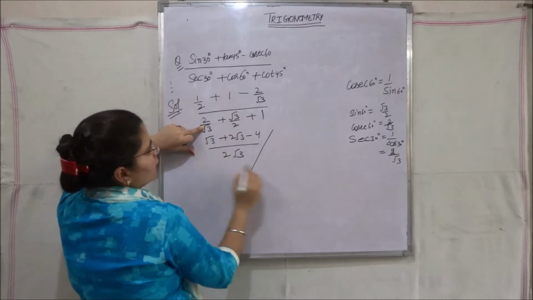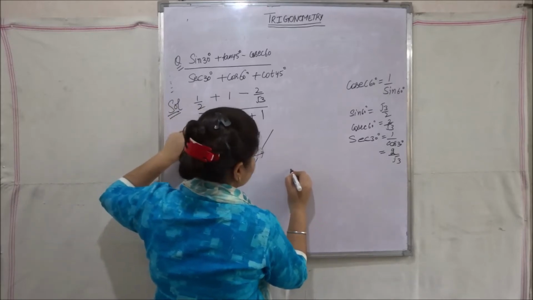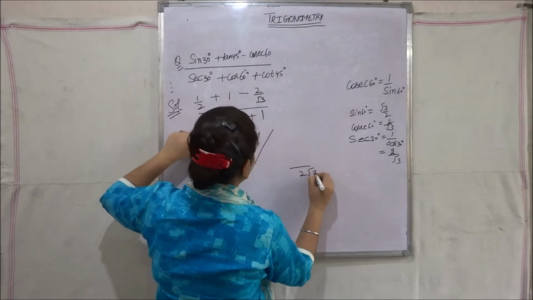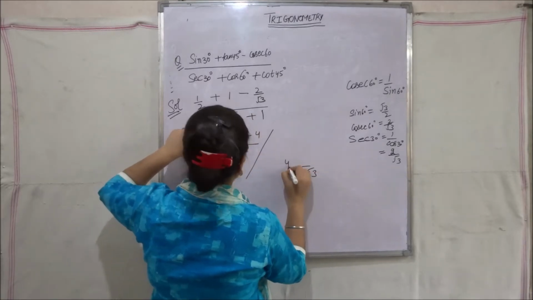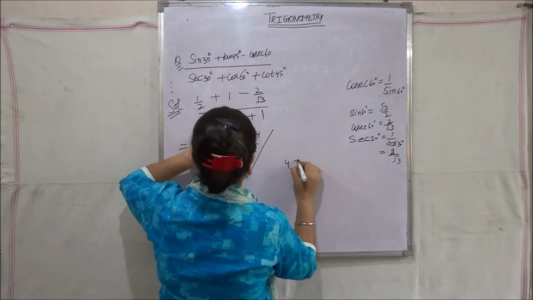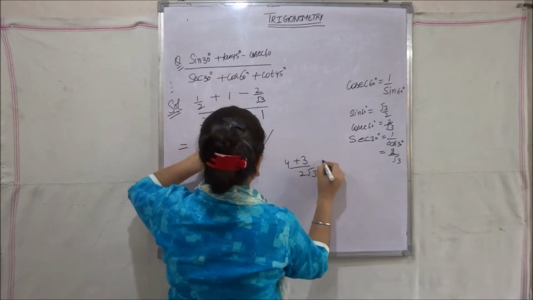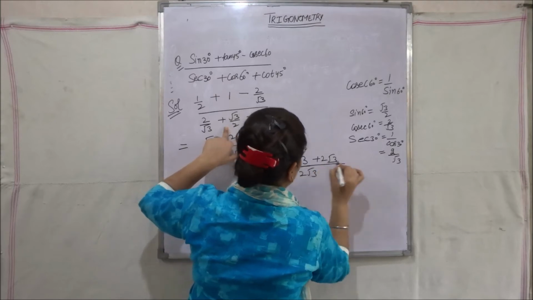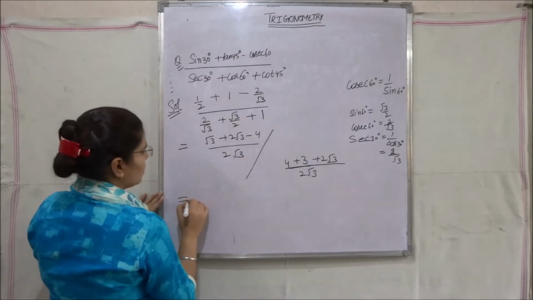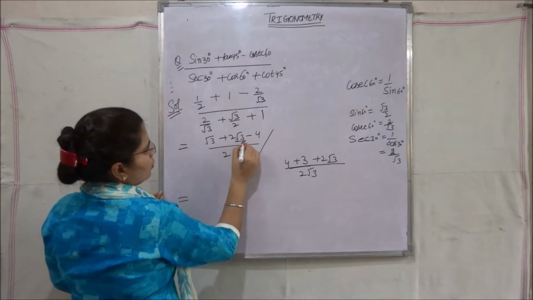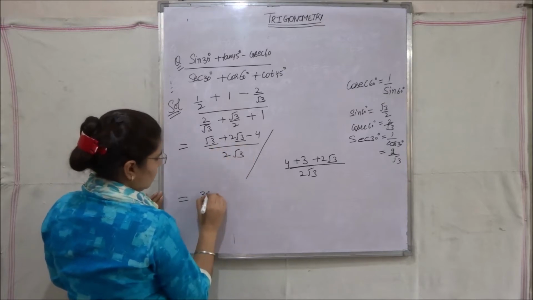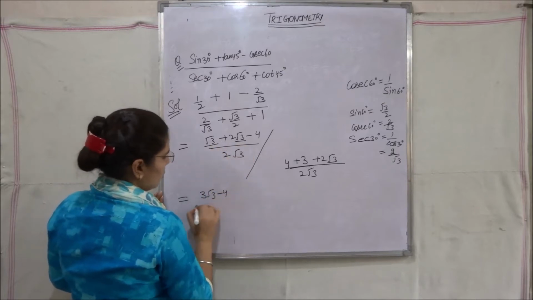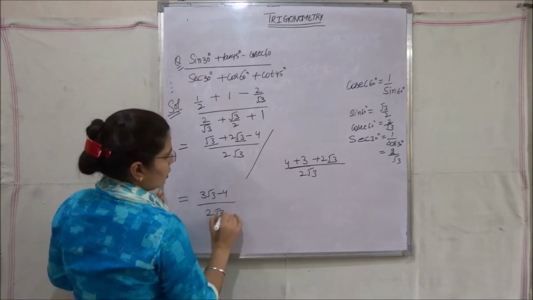Now we will take the LCM on the denominator side. It will be 2 root 3, 4 plus 3 plus 2 root 3. So after solving, 2 root 3 plus root 3 will be 3 root 3 minus 4 upon 2 root 3.